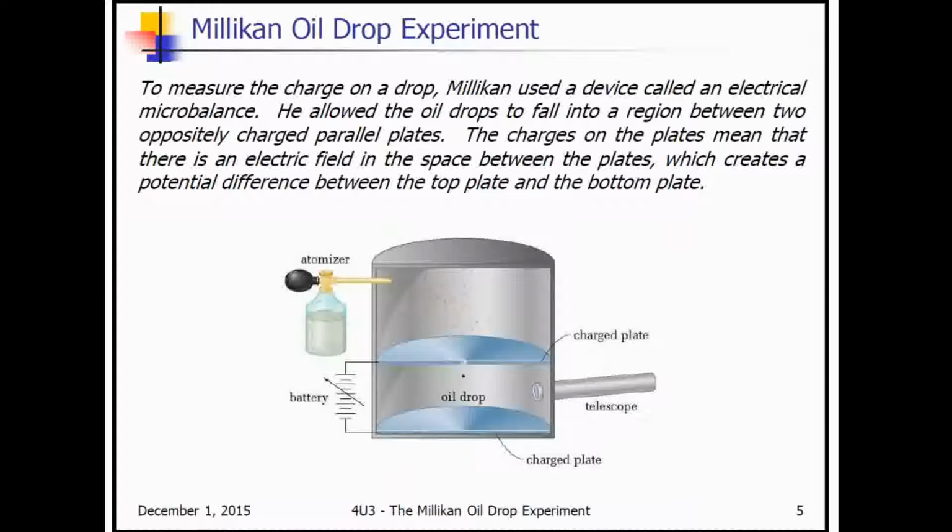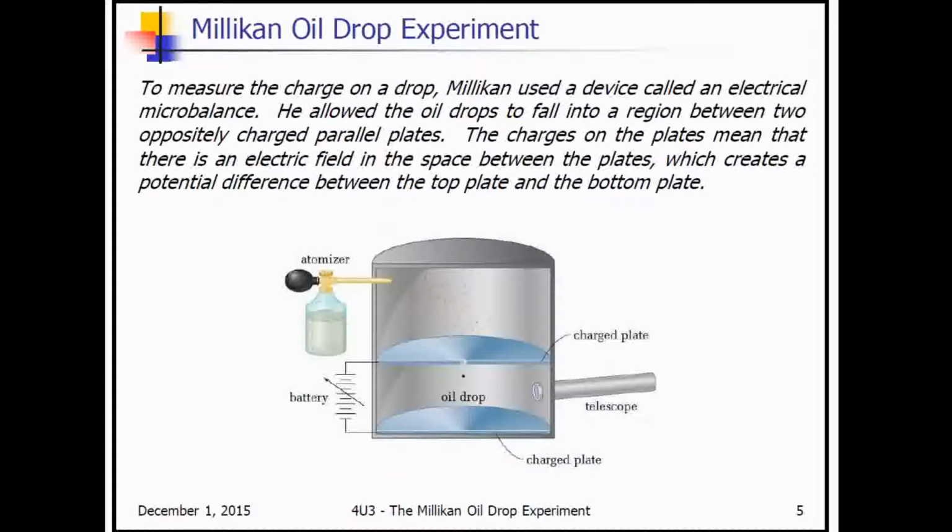So to measure the charge on the drops, he used an electric microbalance. This is the general idea. If you remember how I was mentioning earlier, epsilon is similar to your acceleration when we're talking about the big gravitational world we experience.